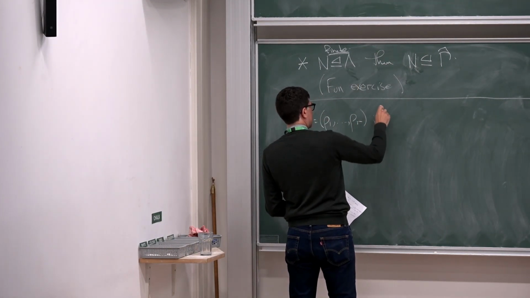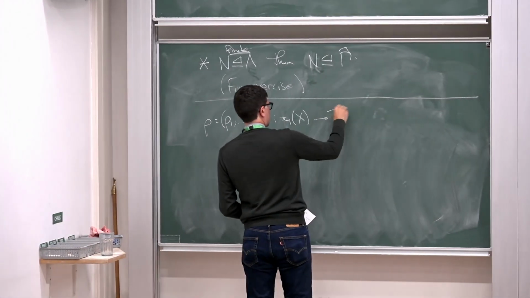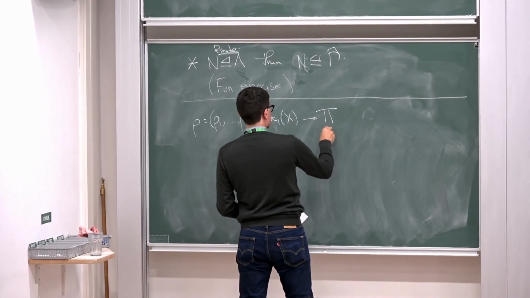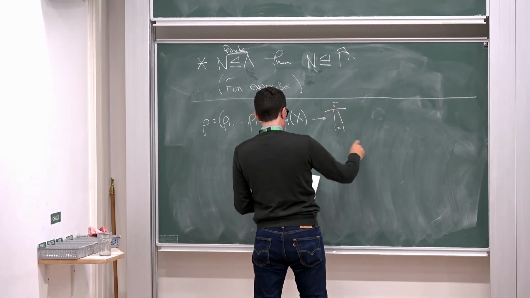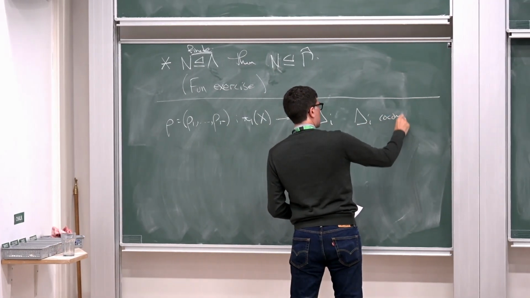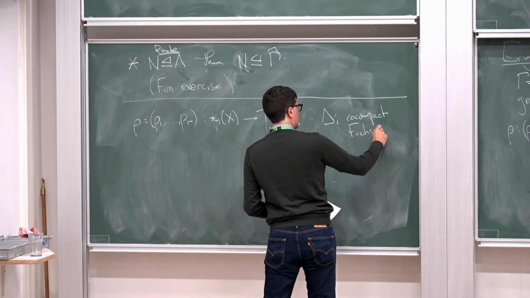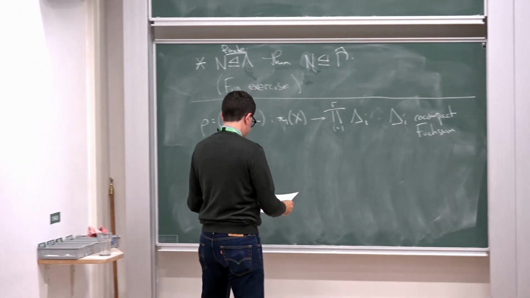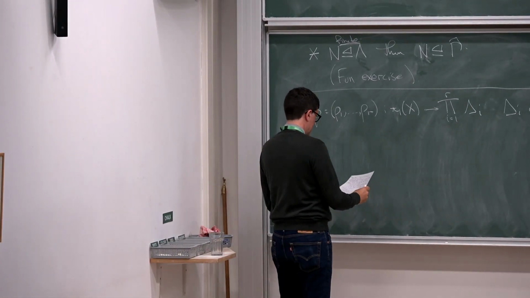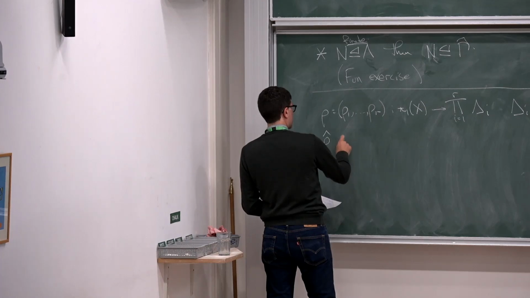All right. So this product of surface groups, Delta I. And so we'll have profinite completions.